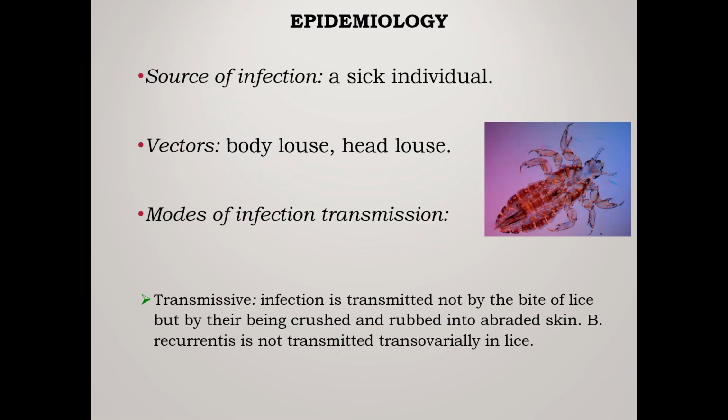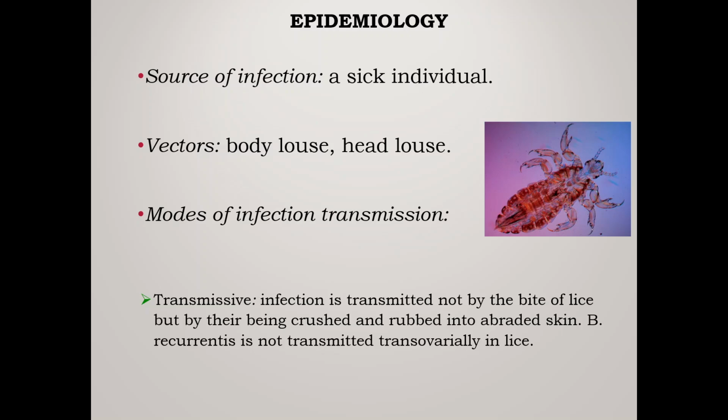Epidemiology. Source of infection: a sick individual. Vectors: body louse, head louse. Modes of infection transmission: infection is transmitted not by the bite of lice, but by the lice being crushed and rubbed into abraded skin.